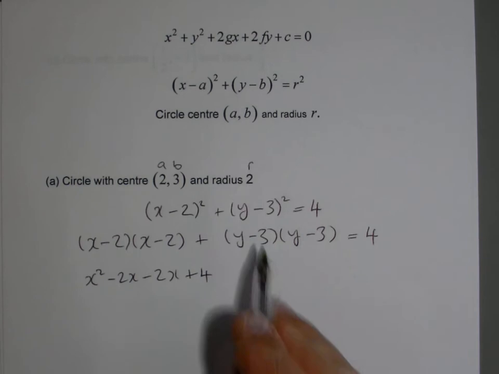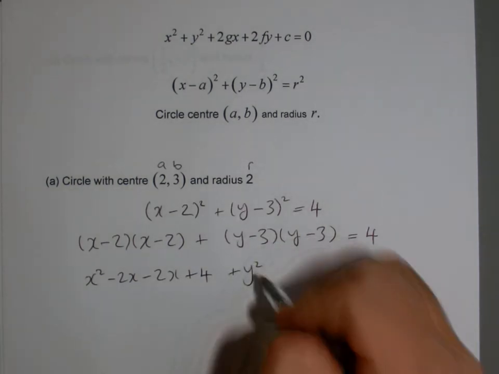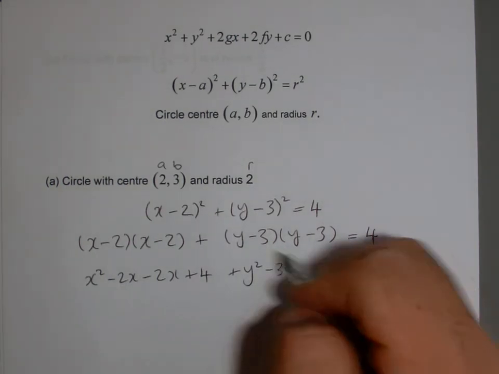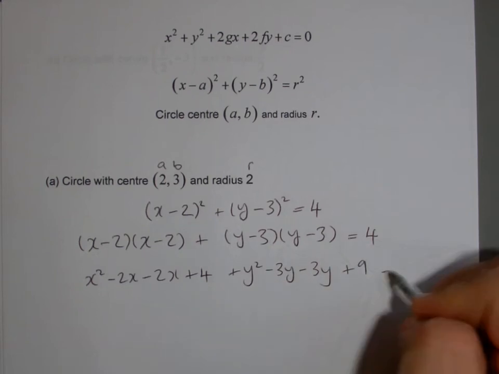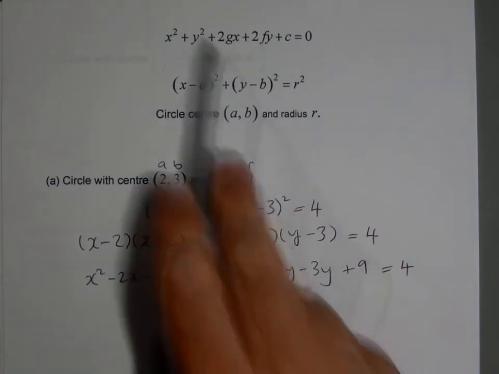Second pair of brackets, y squared, minus 3y is the outers, inners minus 3y, and lasts positive 9. That equals 4.